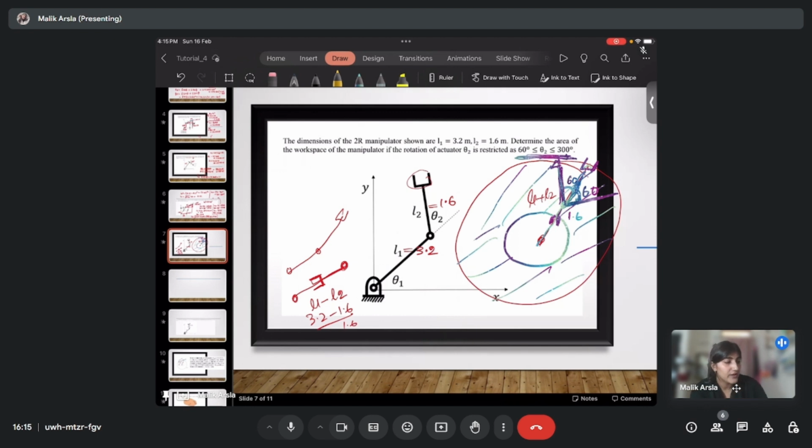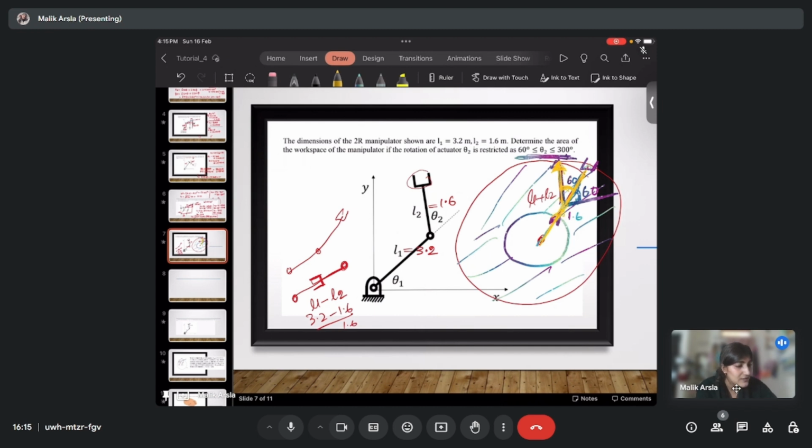In our first case, our effective radius was L1 plus L2, right? But here now the manipulator link number 2 cannot go beyond this. It cannot become completely straight. So this will be the manipulator orientation, this will be link 1, and this will be link 2.